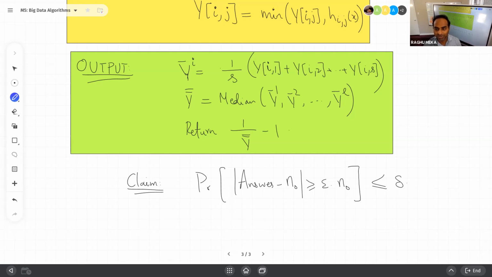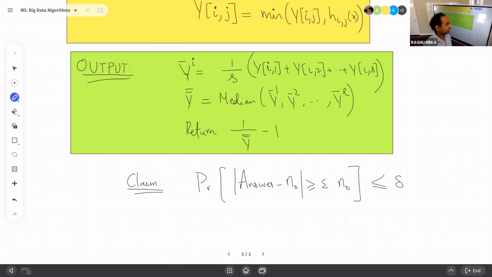Okay, any questions about this? So there's a question, how does the median-of-means guarantee change if we set L equals 1 or S equals 1? So if I take the mean of everything, then I just get back the guarantee of Chebyshev's inequality, right?